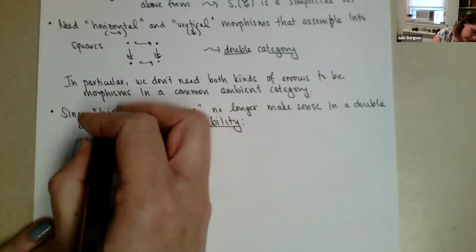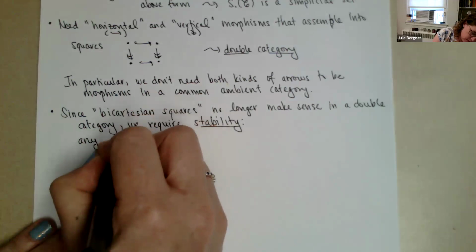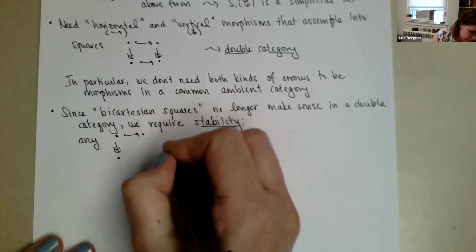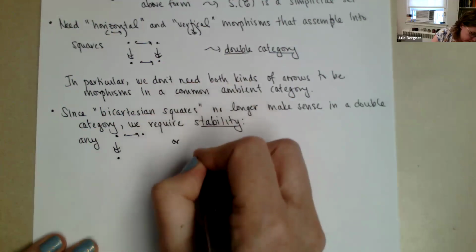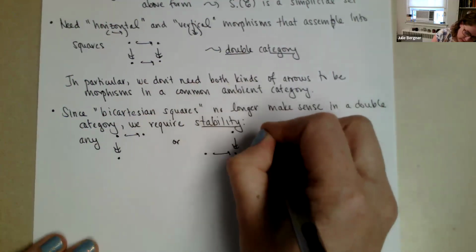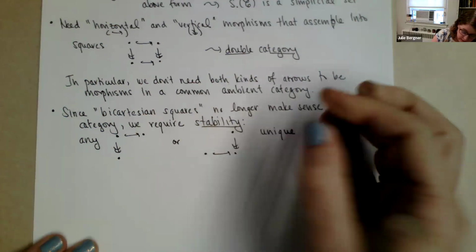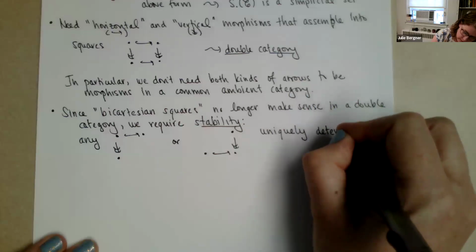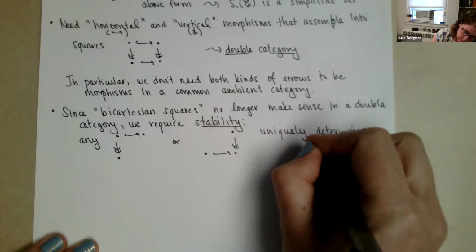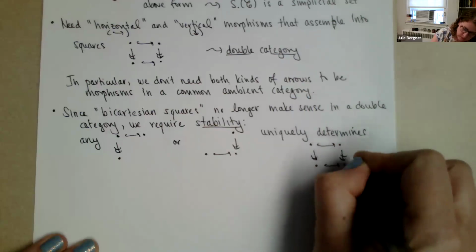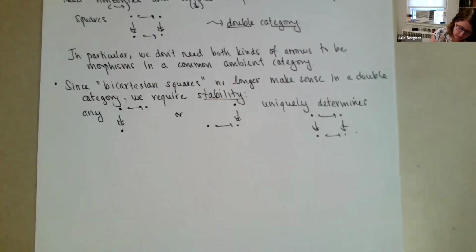So this says that anytime I have a span of a horizontal and a vertical, or a cospan, this other configuration, then in this discrete case this completely uniquely determines a square. So that's our replacement for this bicartesianness.